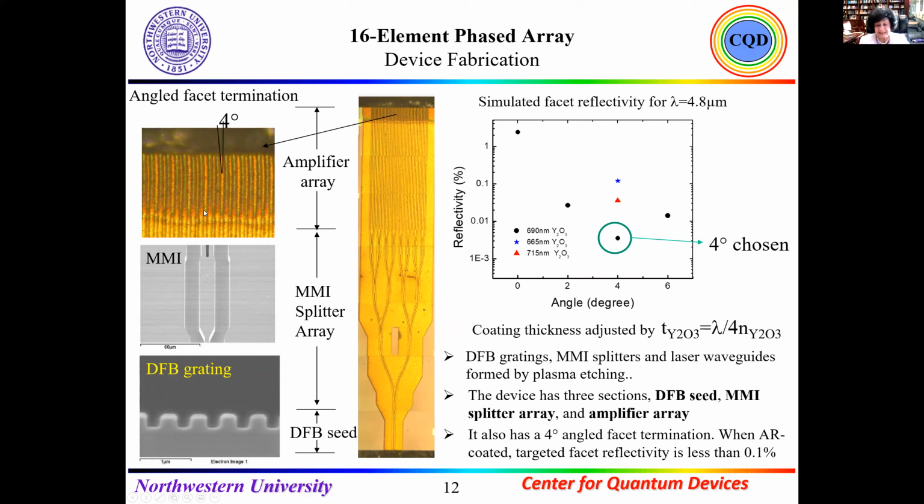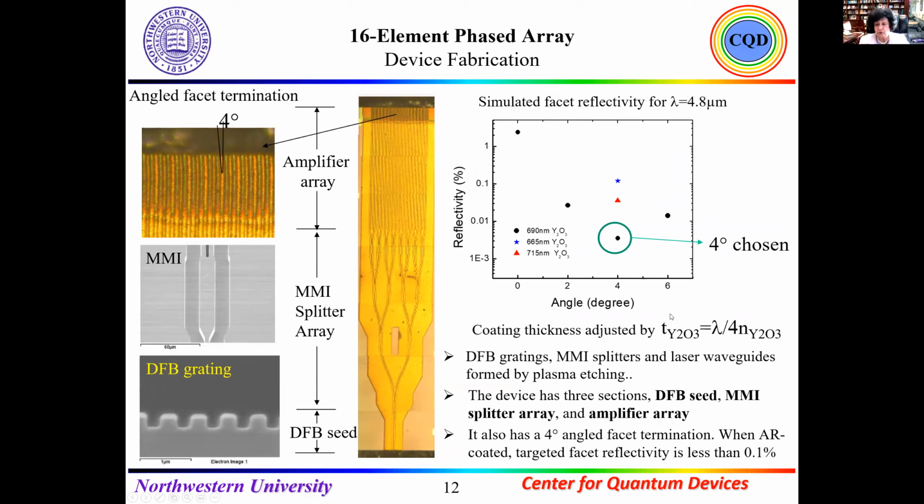time the amplifier. So exactly as we can see, the device has three different sections: DFB and MMI, the splitter arrays, and the amplifier arrays. It also has a 4-degree angle facet termination, AR coated, with targeted facet reflectivity of less than 0.1%.